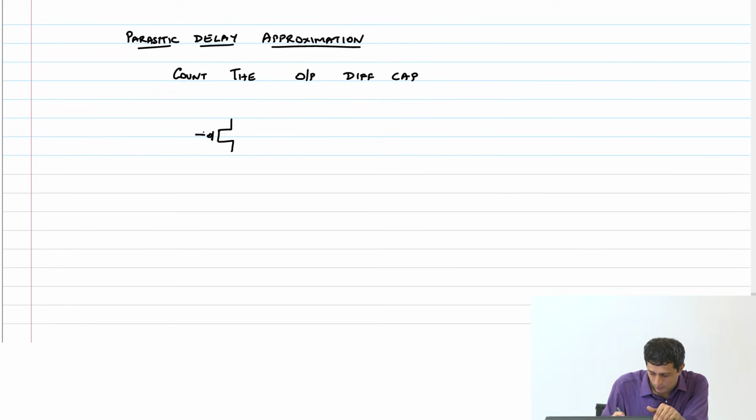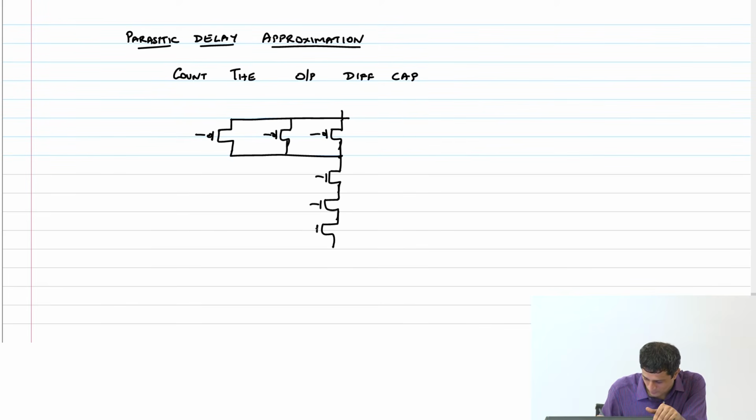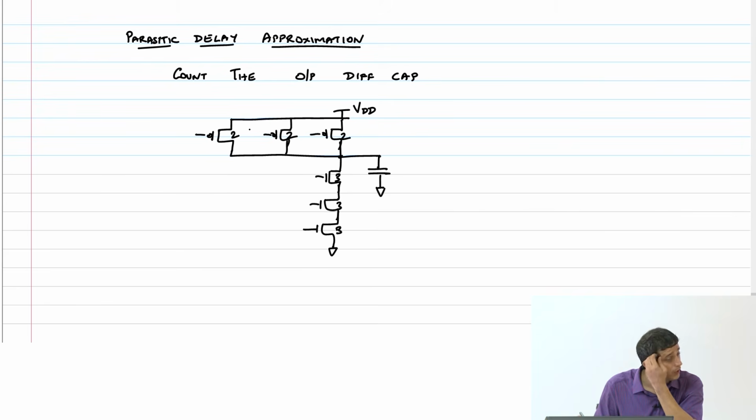So if I have, for example, NAND 3, what is the net cap here? 3, 2, 2 and 2. 9C, right?